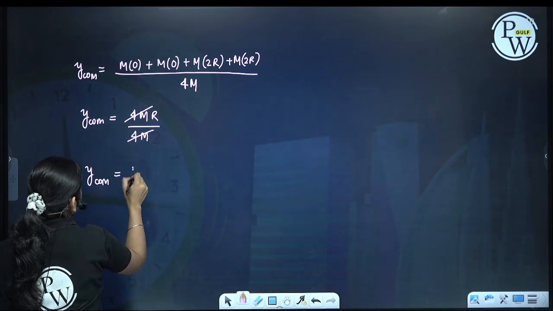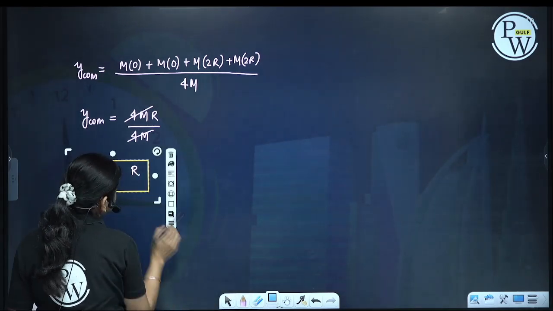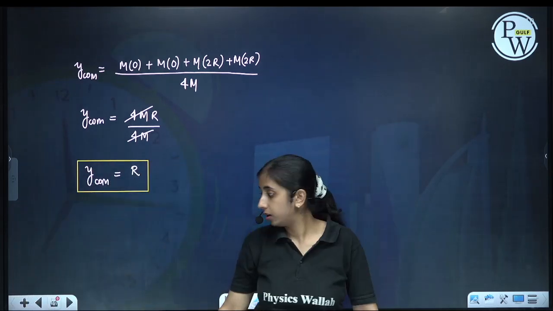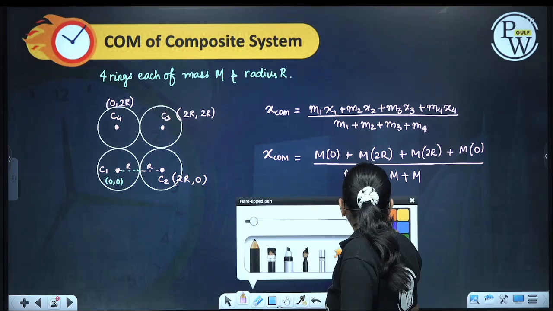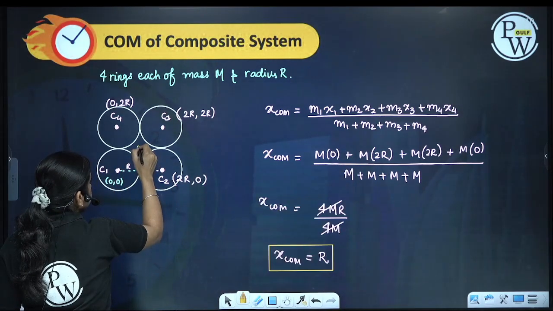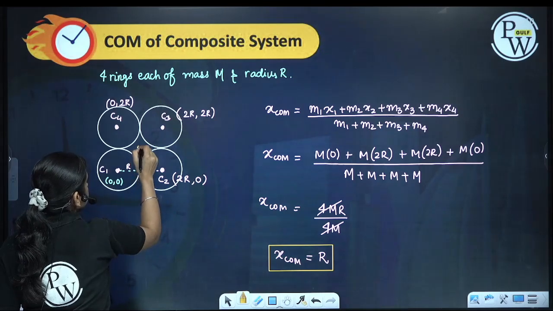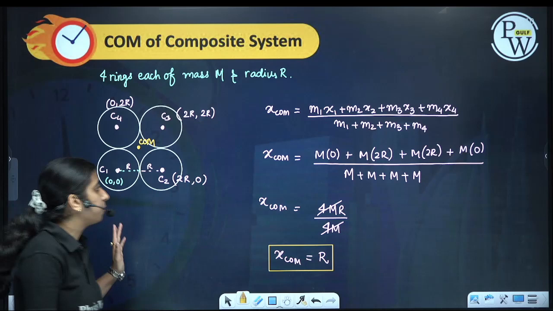YCOM will be r. Now see, the center of mass is at r distance this side, r distance this side. This is the point where the center of mass of the whole system will lie.